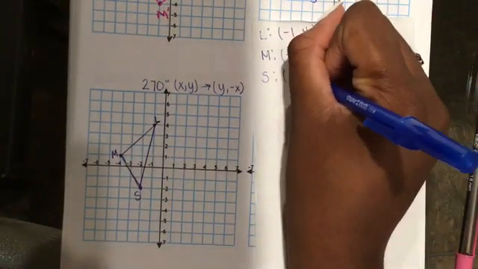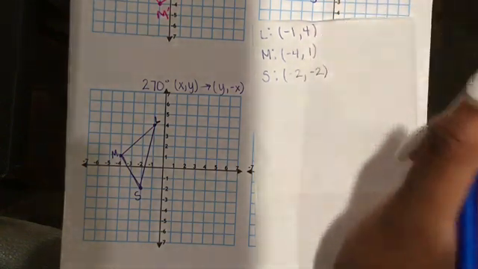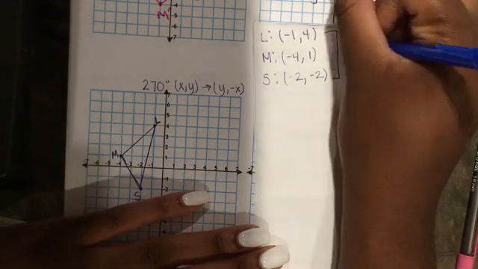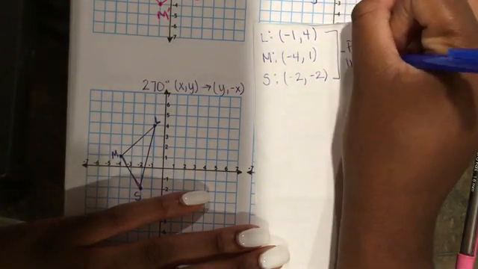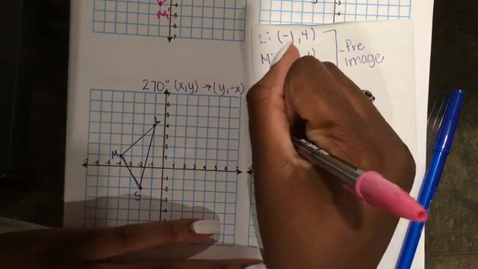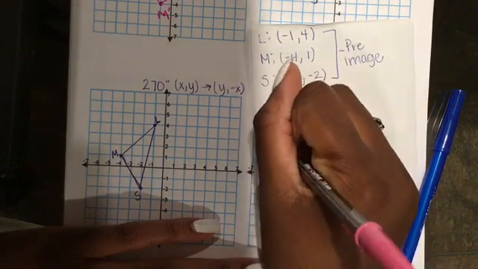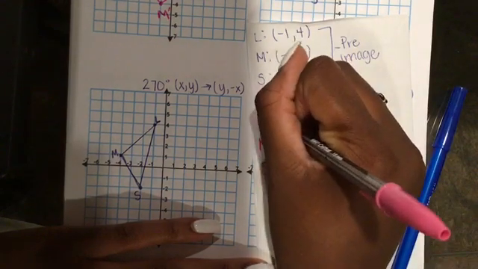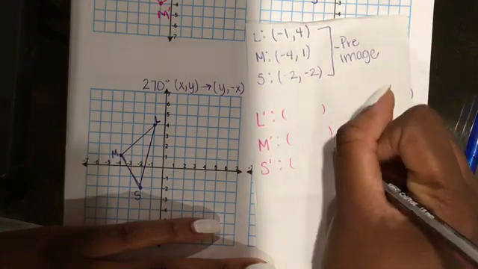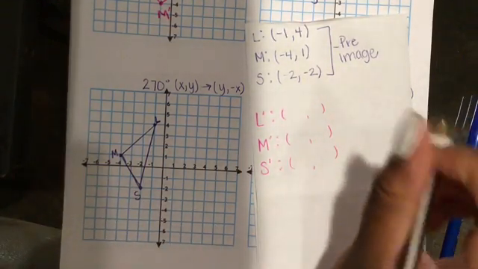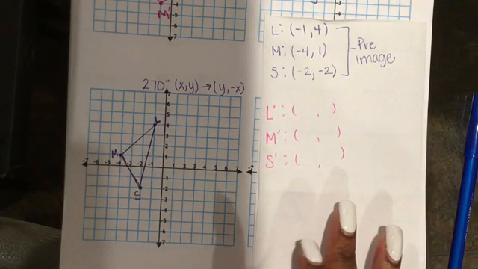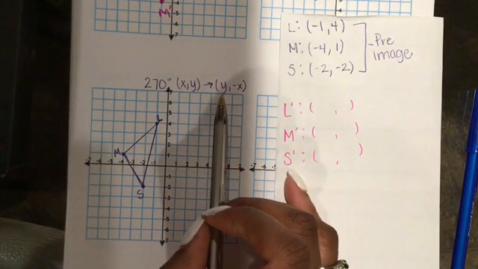S is at -2, -2. This is our pre-image. Take our different color pen. Okay? So Y comes to the front, but it stays the same.